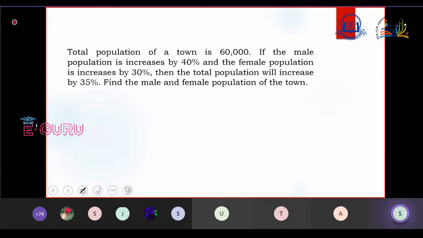Another question. Total population of a town is 60,000. If the male population is increased by 40% and the female population by 30%, then the total population increases by 35%. Find the male and female population of the town.